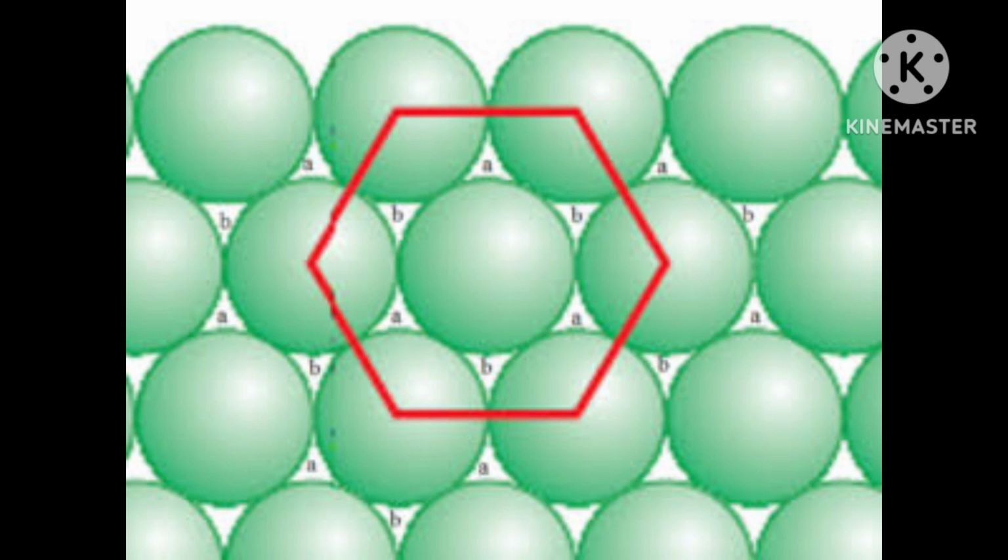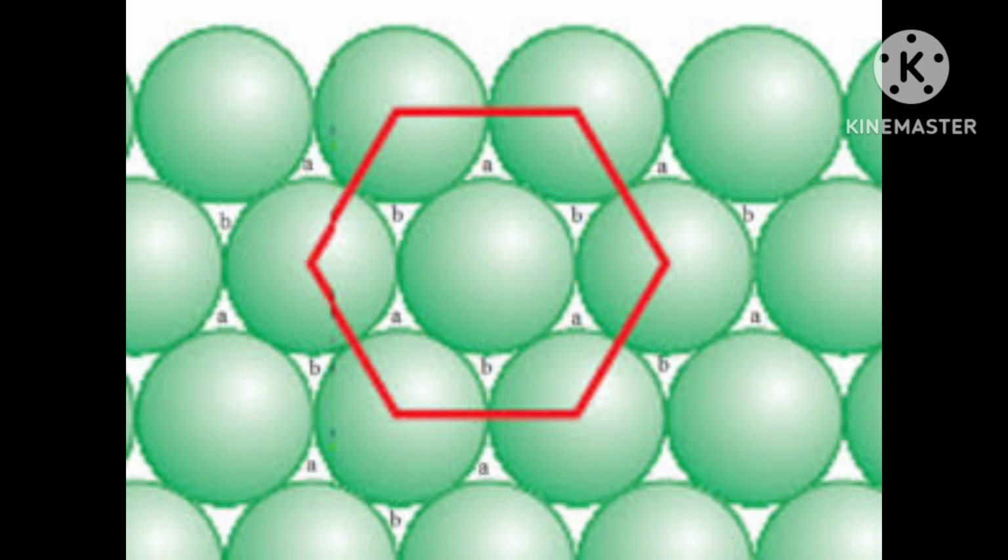Suppose 5 into 5: first layer 5 into 5, second layer again 5 into 5, third layer again 5 into 5, the fourth layer also 5 into 5. Then you will find that height has now also increased. Length, breadth and height, it became three-dimensional close packing.